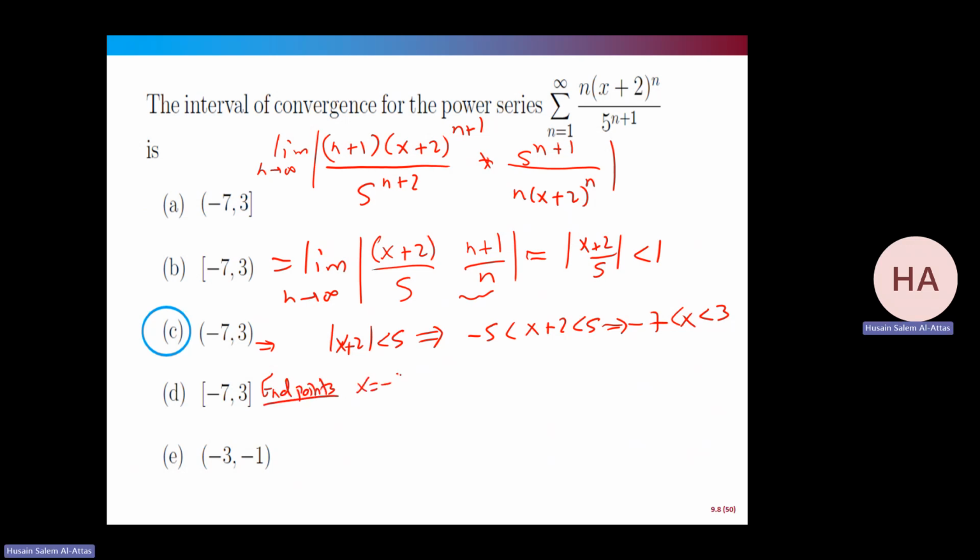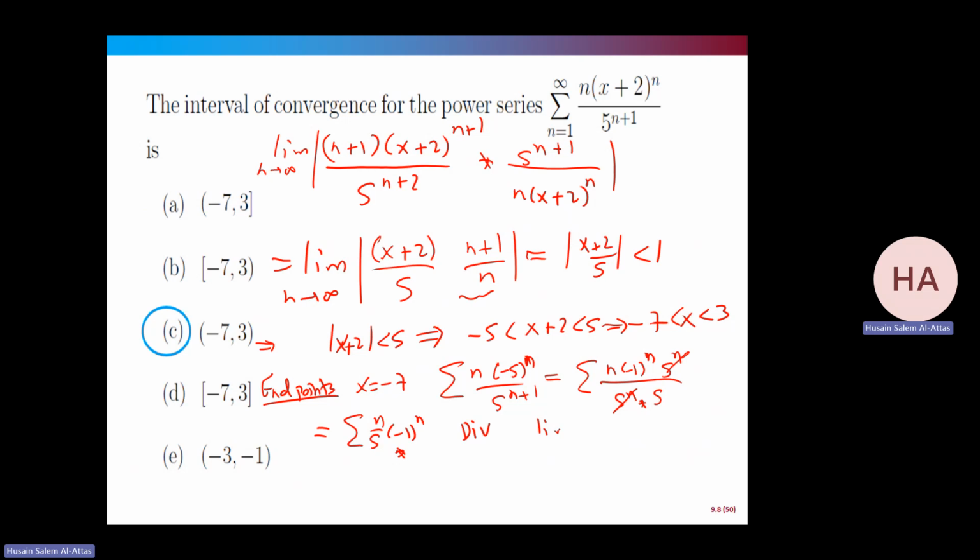X equal minus 7. See what will happen. I have the summation of n times (minus 7 plus 2, which is minus 5) to the power n over 5 to the power n plus 1. That gives me the summation of n times (minus 1) to the power n over 5, which is diverged because this limit is not equal to 0.